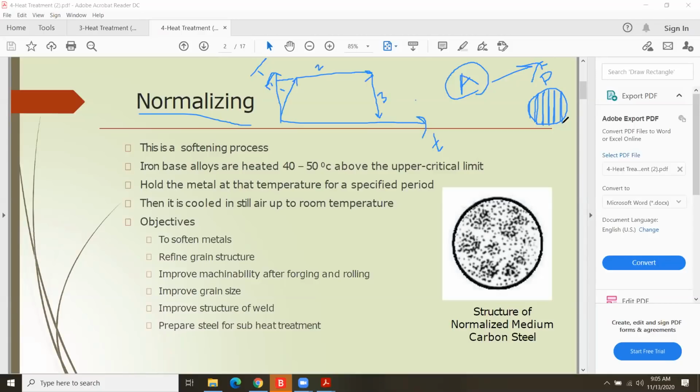So this one is important. When you do the cooling process in air medium, then austenite structure is formed into fine pearlite structure, right? So the objectives are the same as previous, these two. To obtain these objectives, you are doing this normalizing process, right?